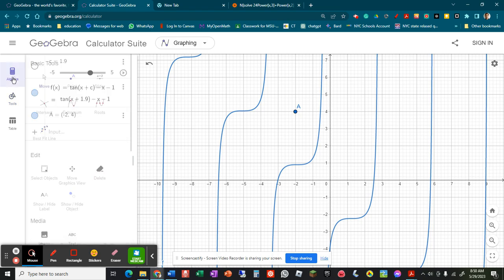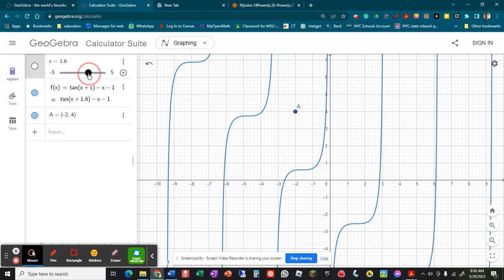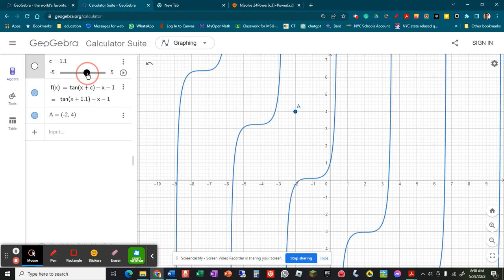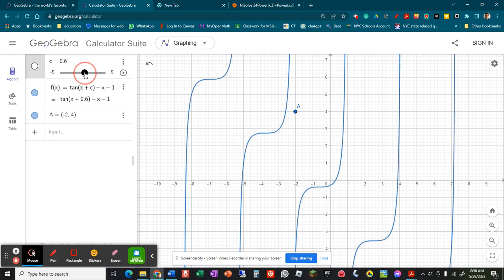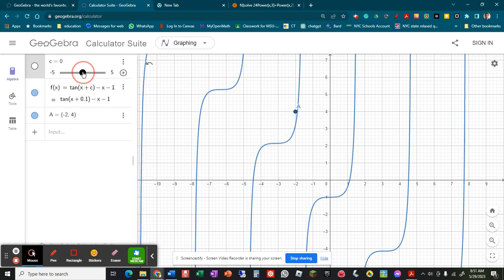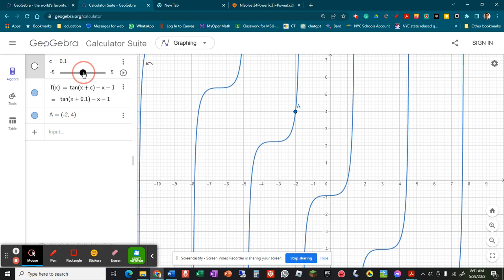Let's go back here and play around and see when it touches. Right there. In fact, it doesn't have only one solution. So that's one possible solution for this initial condition.